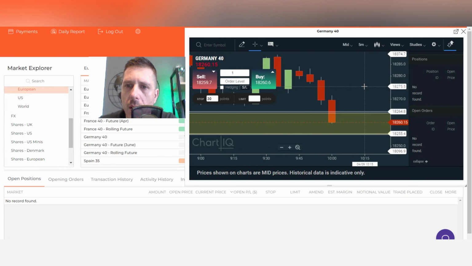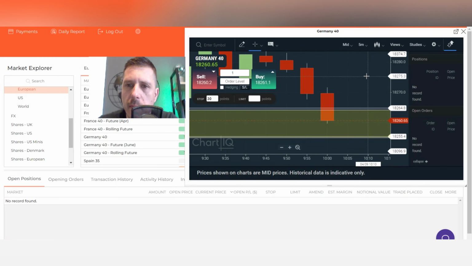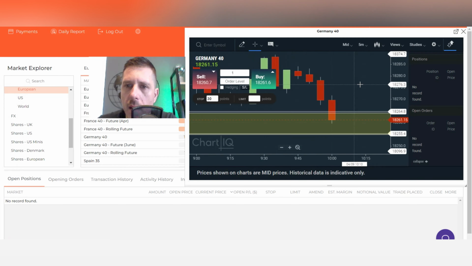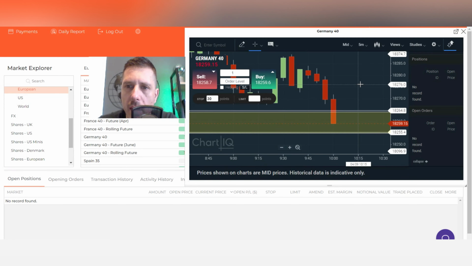Okay, price seems to dip for now. It is at our key level. Let's see if we can take any trade, if it wants to bounce from this area.